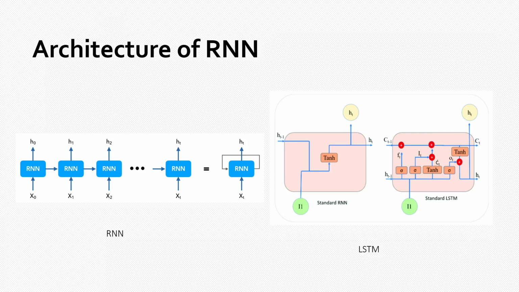That's why we need more memory. We know that whenever we want to store something, we need memory. So LSTM is an extended version of RNN, where the memory works better than vanilla RNN.